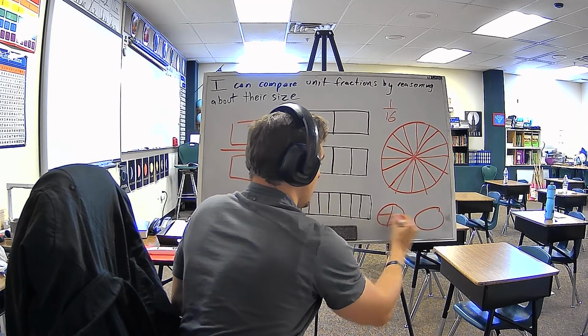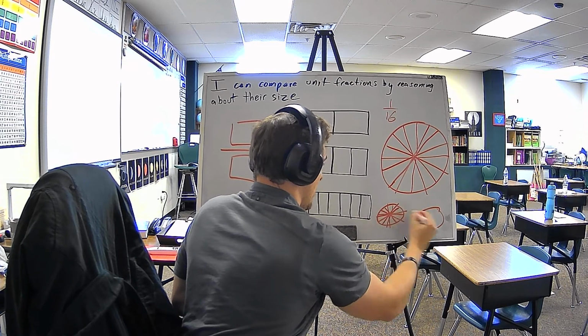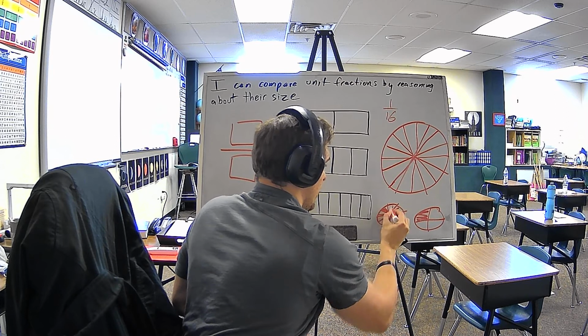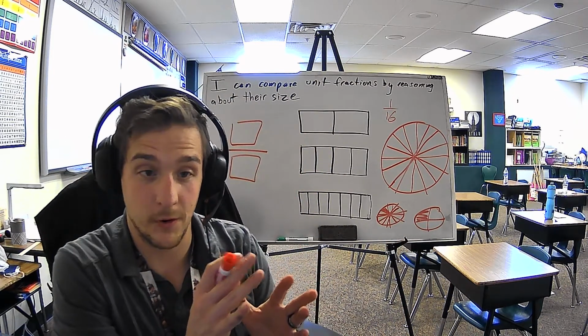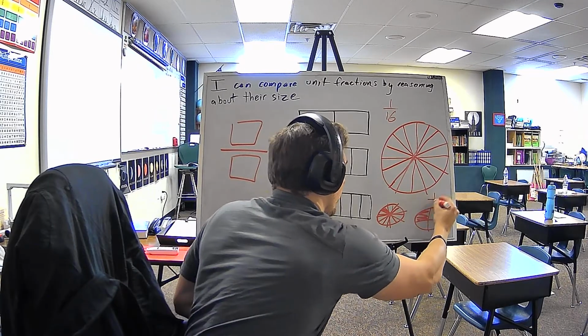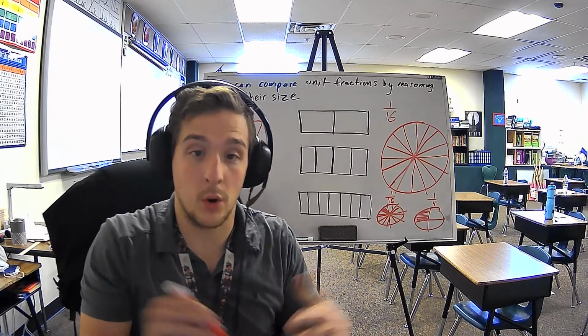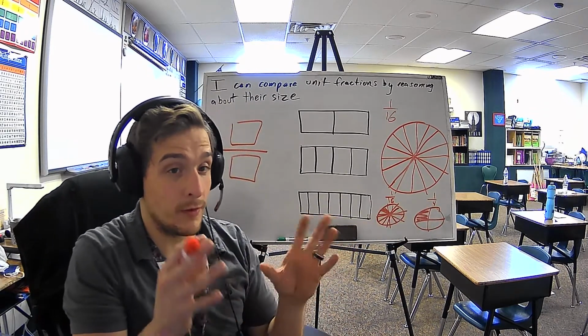This would be a 16th, like that, and this would be a 4th. So 4th would be one of those, 16th would be one itty bitty tiny bit of that. So if you're really hungry and this was your favorite type of food, you'd probably want to go with the 1/4 over the 1/16, because you want more of it. So lower number means bigger piece for fractions.